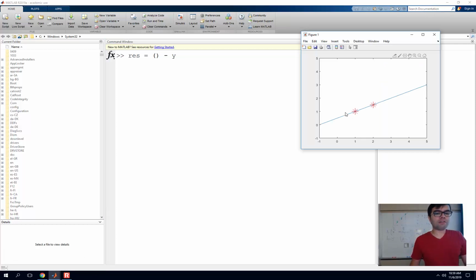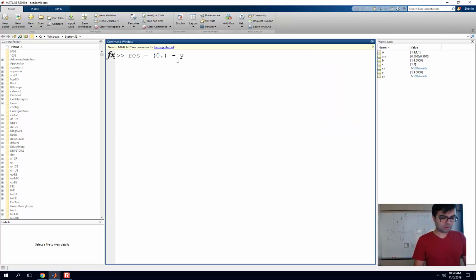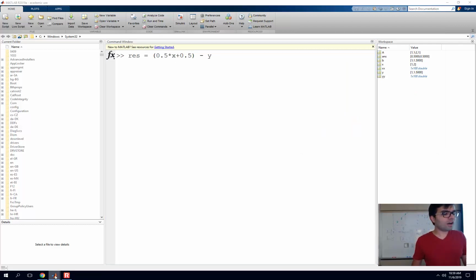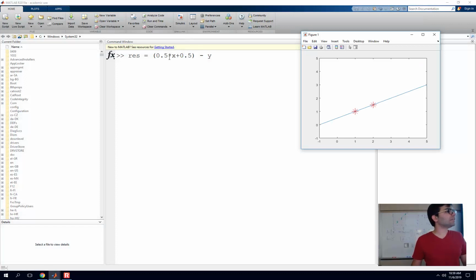So I have a y of 1, I have a y of 1.5, right? Then I want to find what my line gives me if x was 1, what my line gives me if my x was 2. So that's basically my line, which was 0.5 times x plus 0.5. Why do I use x here?